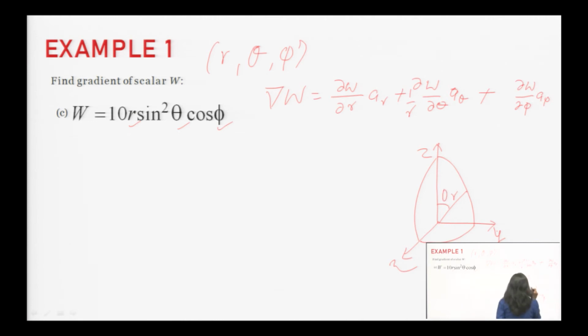Theta is the polar angle or vertical angle, and phi is the azimuthal angle or horizontal angle. So all the quantities are indicated here. Here you can see that theta is associated with r, that's why we have multiplied the theta term by 1 by r.